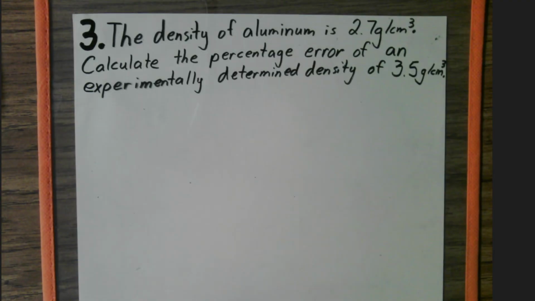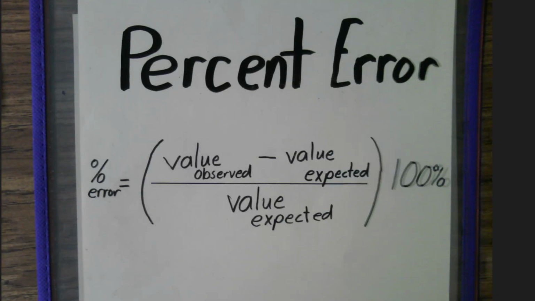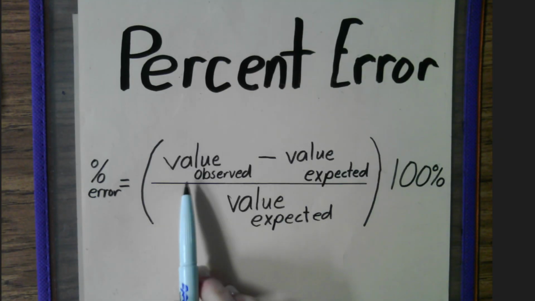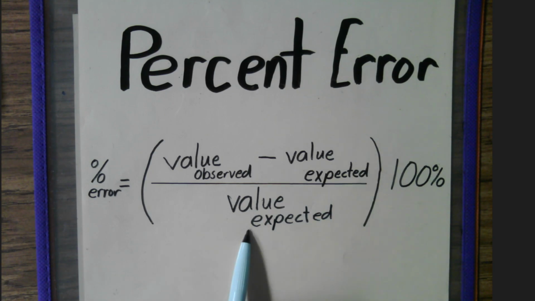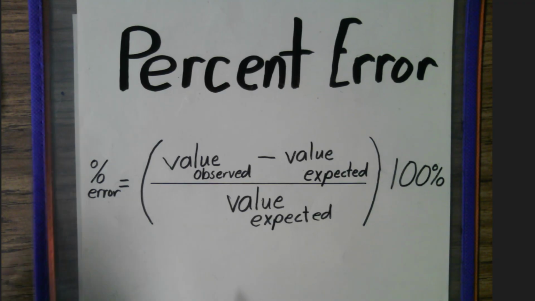The density of aluminum is 2.7 grams per centimeters cubed. Calculate the percentage error of an experimentally determined density of 3.5 grams per centimeters cubed. Let's look at our formula real quick. We're going to go over the value observed minus the value expected, all of that divided by the value expected, and all of that multiplied by 100%.